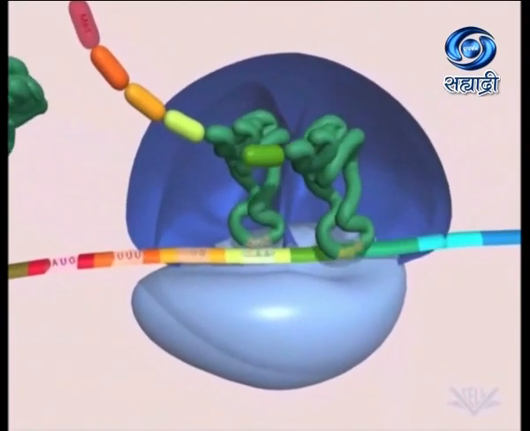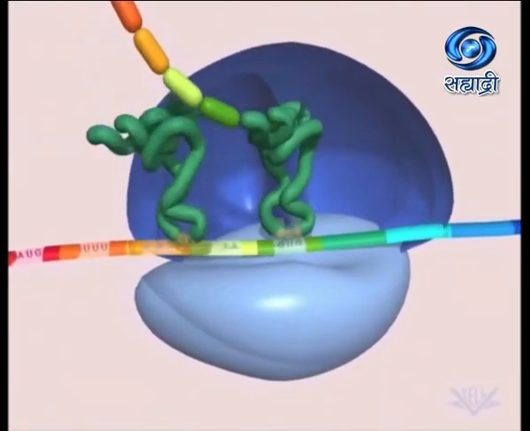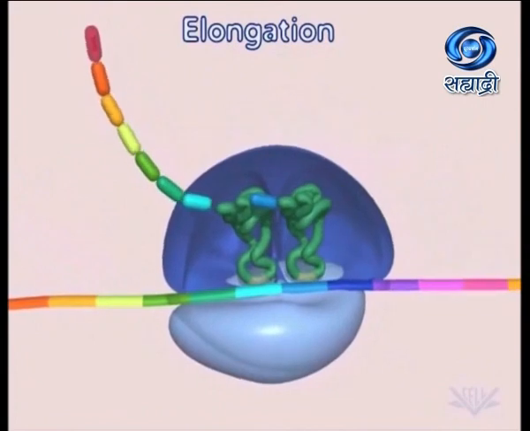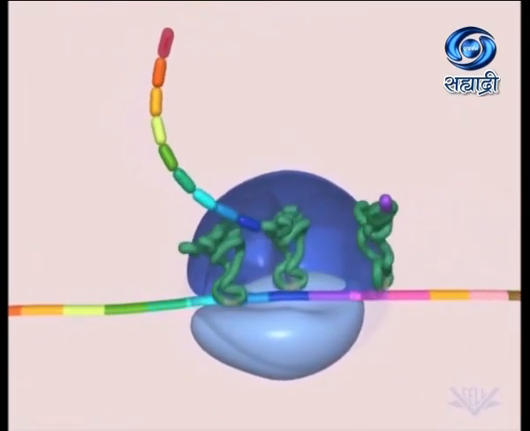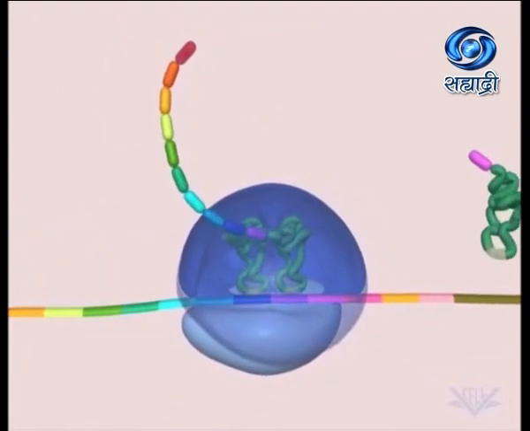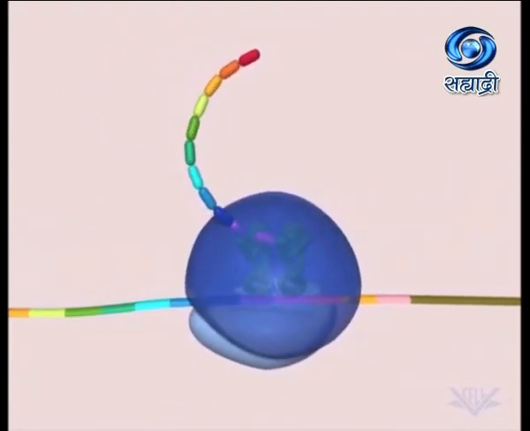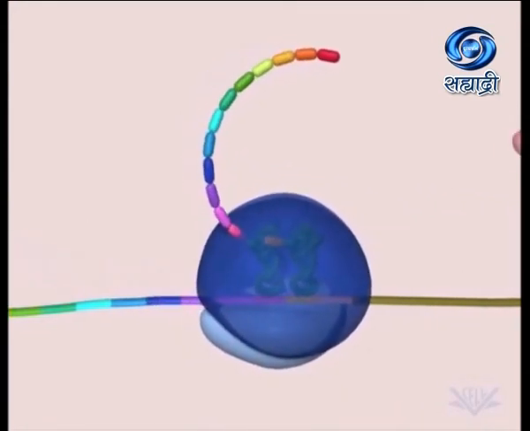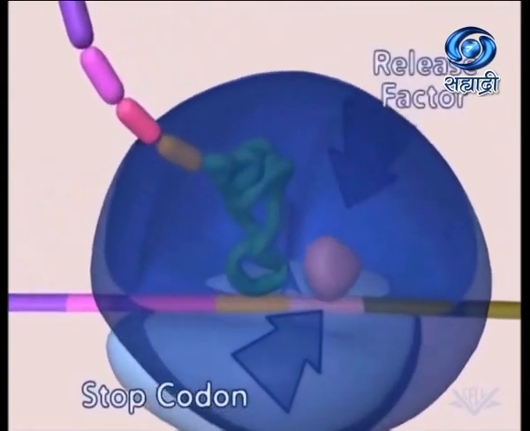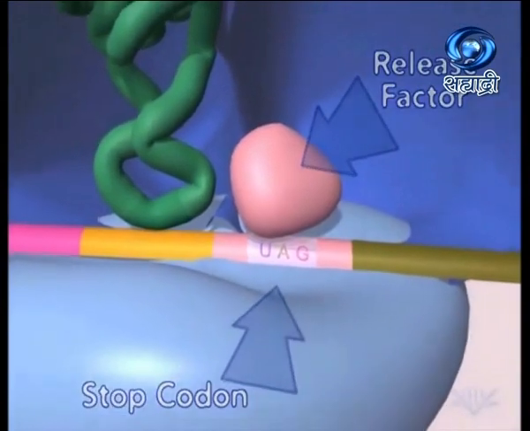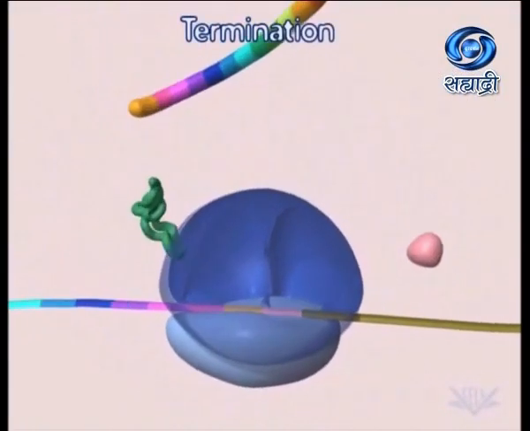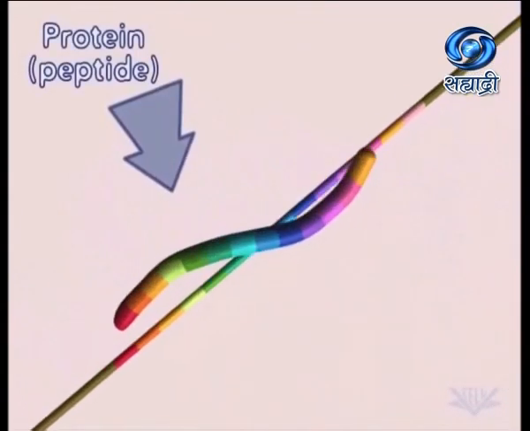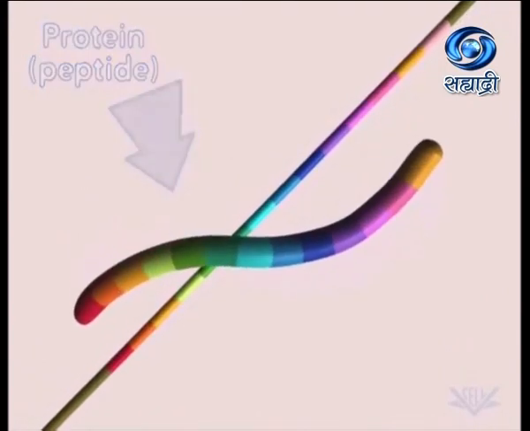Thus you observe a long chain of amino acids here, and finally it reaches the termination end, where everything is separated from each other. The stop codon is there, and the mechanism of translation is terminated. Thus the translation mechanism is completed.